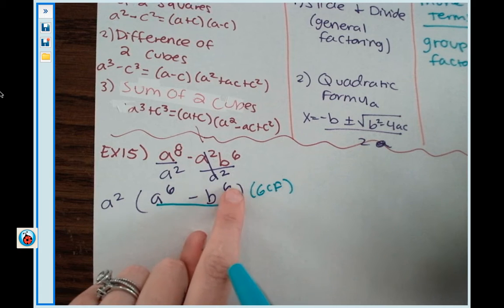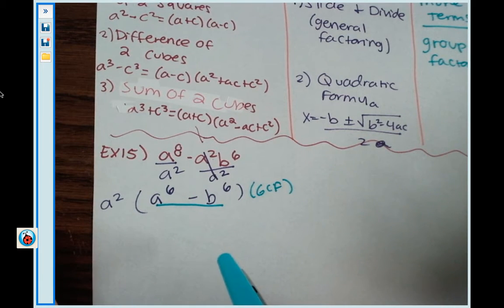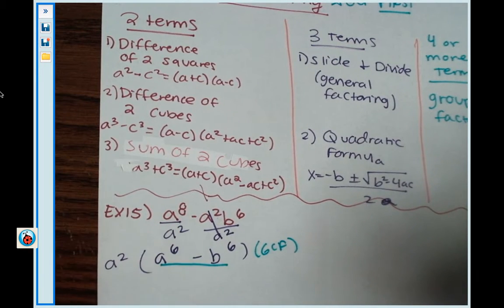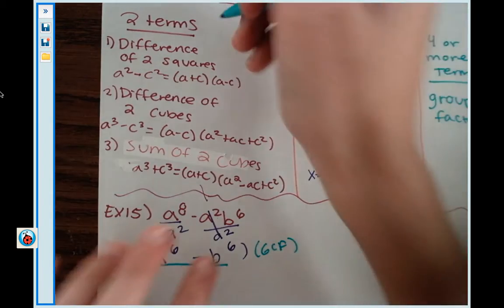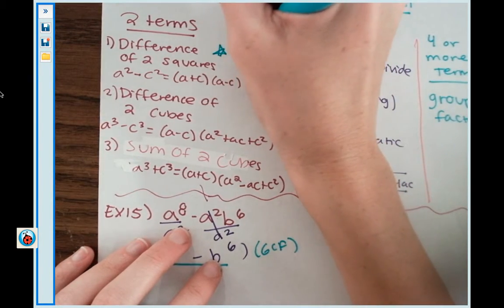So could I divide each of my exponents by 3? Oh no, I can. So which one do I use? Do I use a difference of two squares or a difference of two cubes? Because it works with both of them. Well, if this happens to you, if you can use a difference of squares and a difference of cubes, what you must do is a difference of squares first.